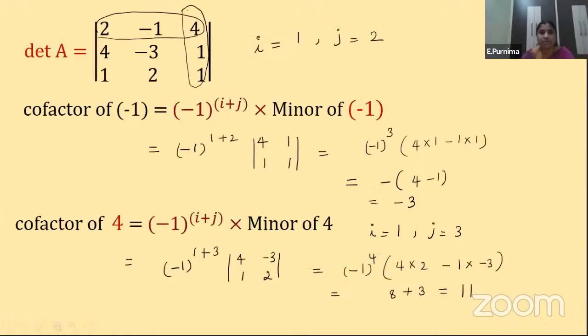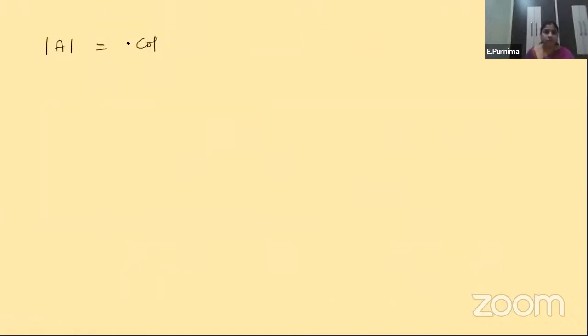So now we are going to find the determinant of A. The determinant of the given matrix is equal to, what is the first element, children? The first element is 2. So 2 into cofactor of 2, plus minus 1 into cofactor of minus 1, plus 4 into cofactor of 4.